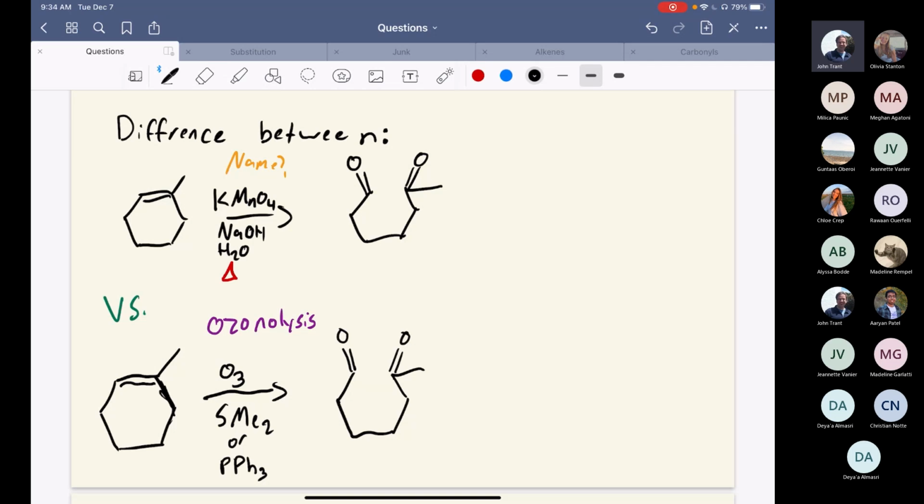They'll both do this, but KMnO4, strong heat, and lots of base can destroy other stuff too. So in an actual lab setting, you'd probably just go with ozonolysis. If the molecule is remotely complicated, we use ozonolysis all the time. When we do this in my lab, we've got a special ozonolysis machine to do this. Okay.